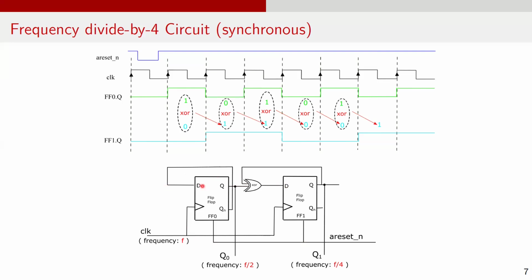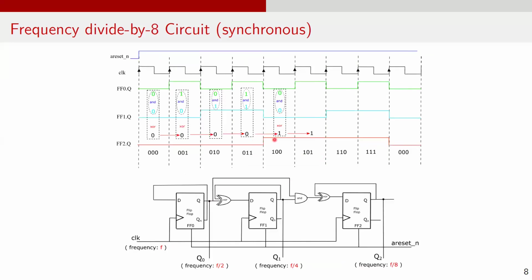To design a divide by 8 synchronous circuit, we extend the idea using 3 D flip-flops. ff0q has a frequency of F over 2, ff1q has a frequency of F over 4, and ff2, that is the third flip-flop output, must have a frequency of F over 8, which is also the expected output.